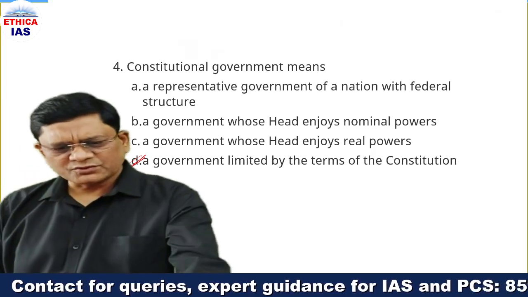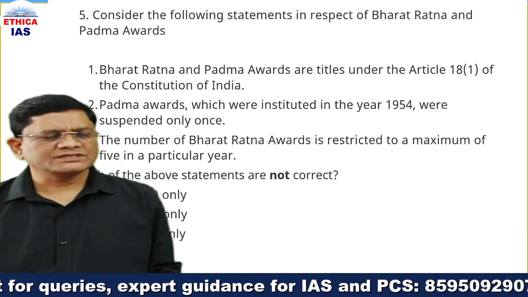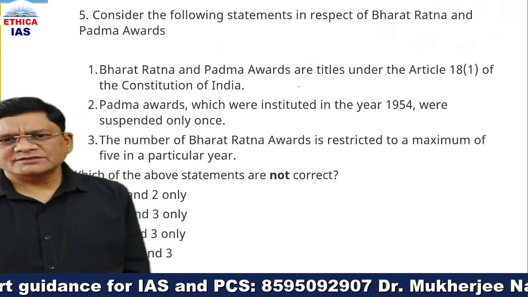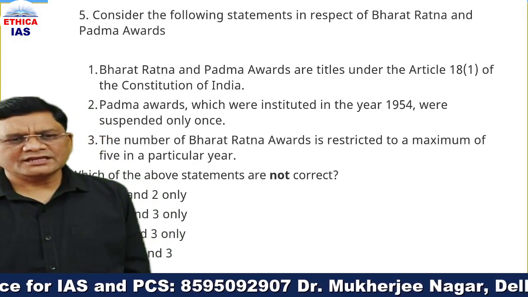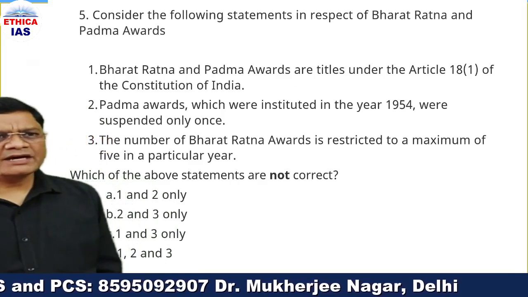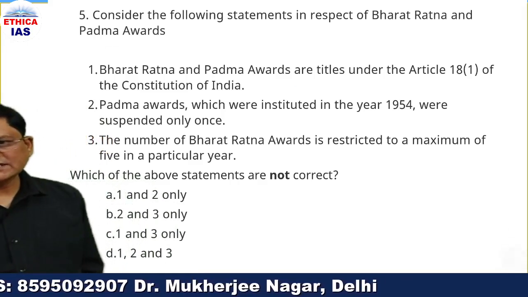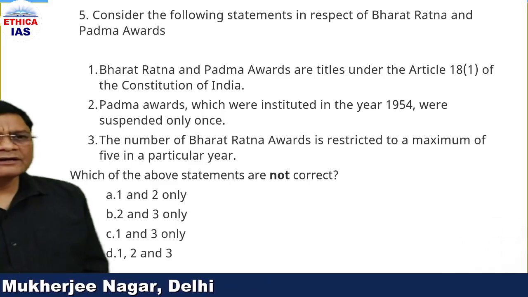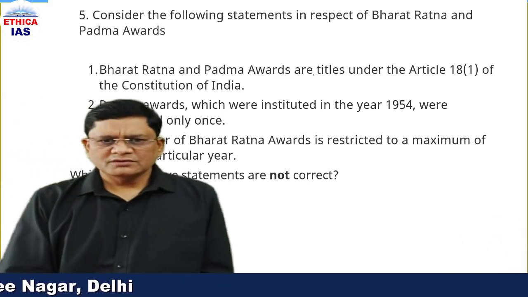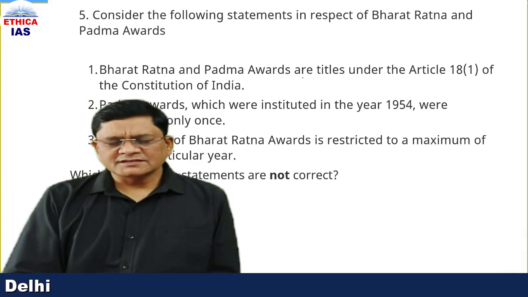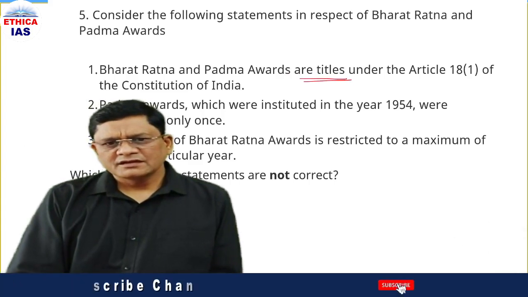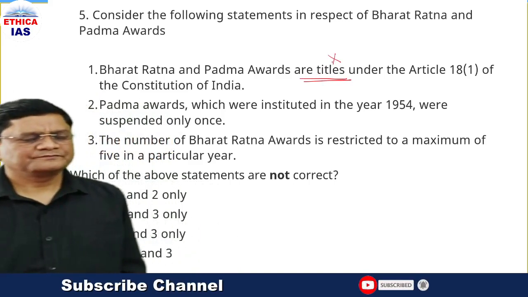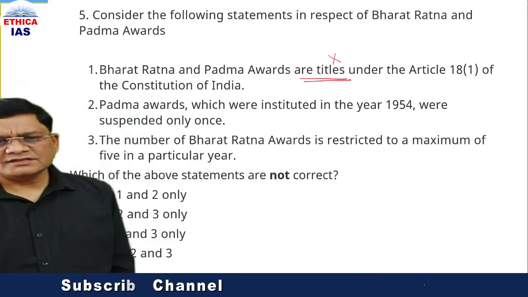So this is the fourth question. Very simple question. The next question is: consider the following statements in respect of Bharat Ratna and Padma awards. Bharat Ratna and Padma awards are titles under Article 18, Clause 1 of the Constitution. It is not a title.